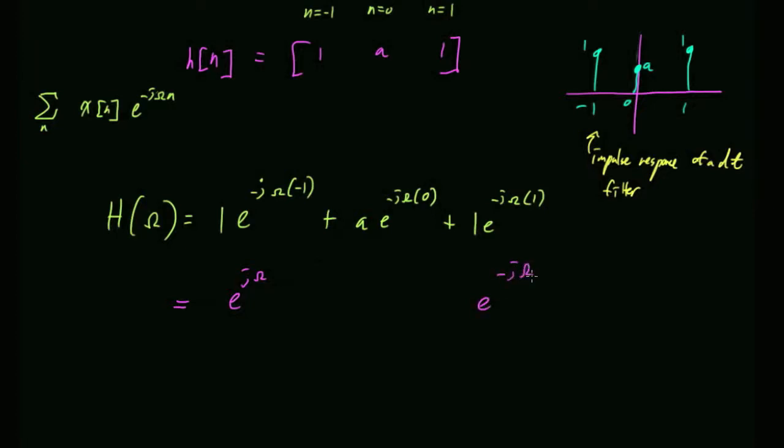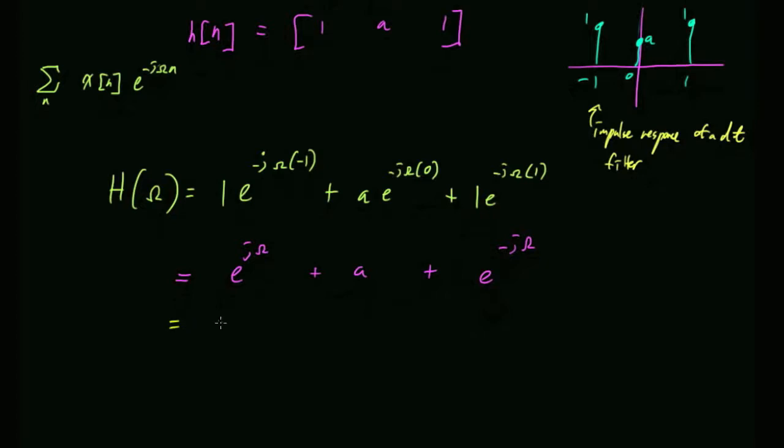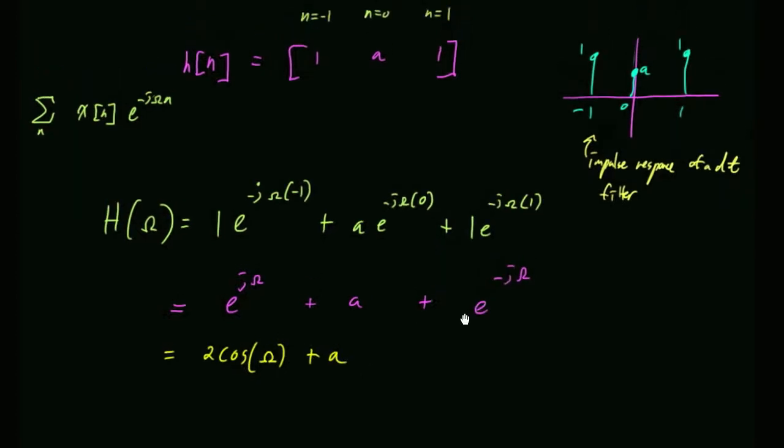And this term is a. Yep, DC offset, that's good. Hey, anybody want to take a guess how I can simplify that? Right, 2 cosine. So all of this comes down to 2 cosine omega plus a.